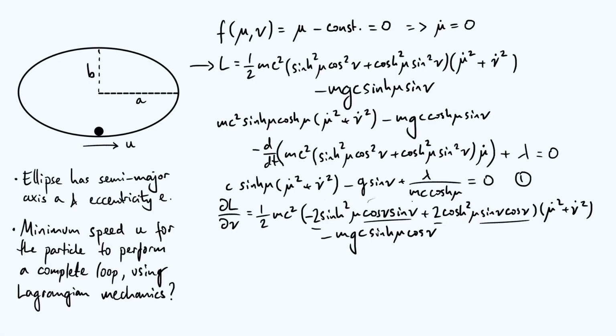And so we combine the terms in the brackets into a single term, and that prefactor of 2 cancels with the half in the beginning. And then that all simplifies nicely down to mc squared times sine nu cos nu times mu dot squared plus nu dot squared, minus mgc sine mu cos nu, like so.